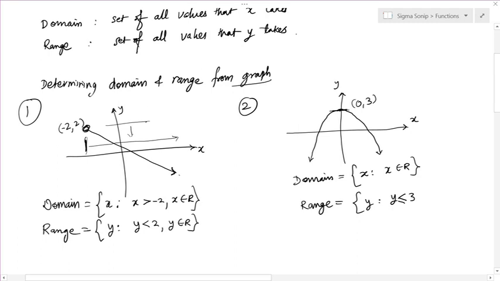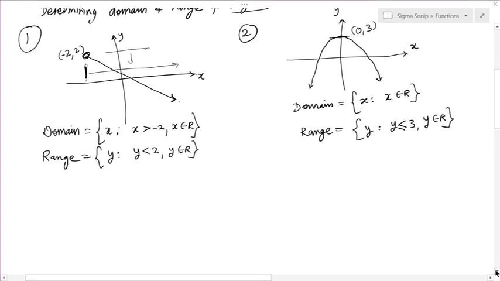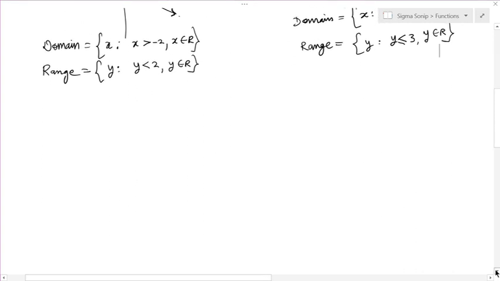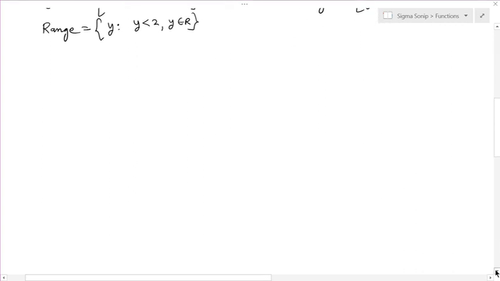So y equal to 3 is also included, and y is a real number. That's my example number 2. Finding domain and range from graphs is fairly straightforward. I don't think anyone should have a problem with this.